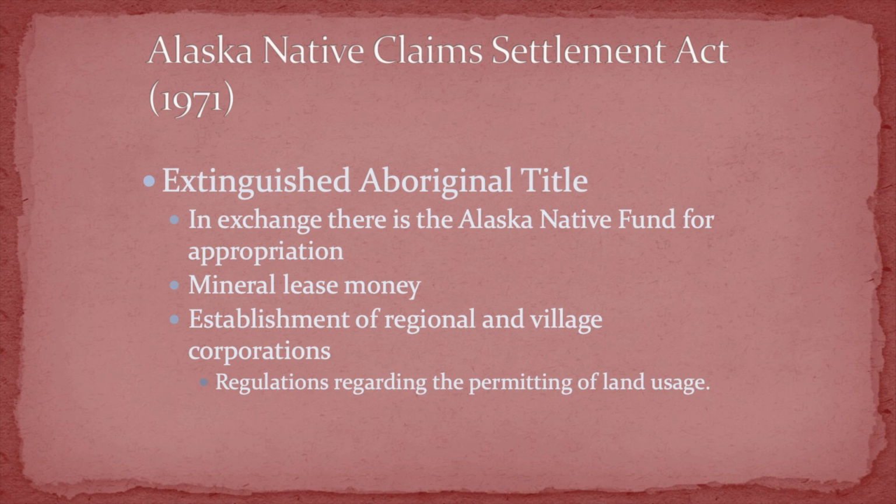They can operate more like corporations and don't have as much of a tie or the same tie to the federal government as many of the tribes do in the lower 48. Okay, so you have regional villages, and individual members can get mineral lease money. That still can happen in the lower 48, but it just developed differently in Alaska.